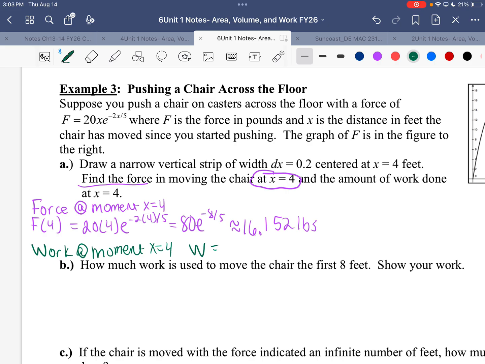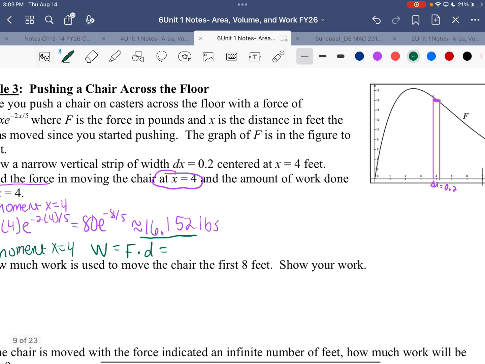Then the work at the moment is equal to a constant. This force at 4 feet is a constant number because we're just finding this one little instant. So it's just going to be force times displacement, because we're not trying to figure out the work for the first 4 feet. We're just finding the work at 4 feet. Our displacement was 0.2.